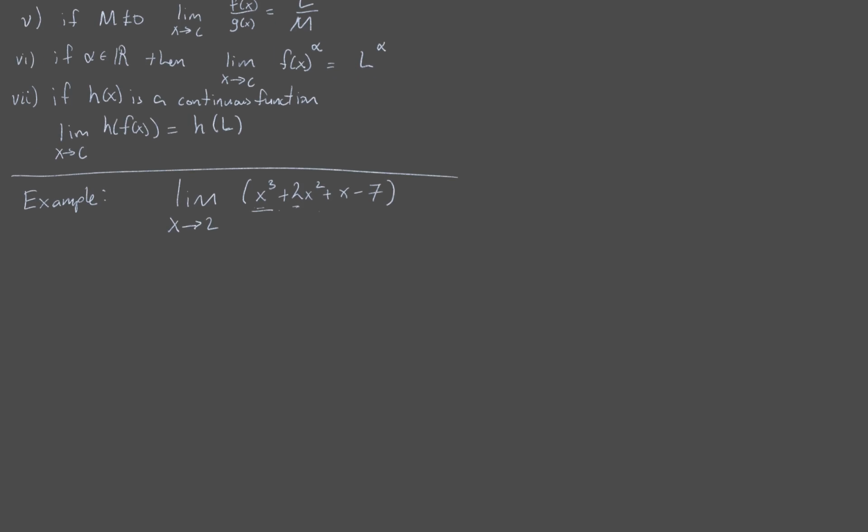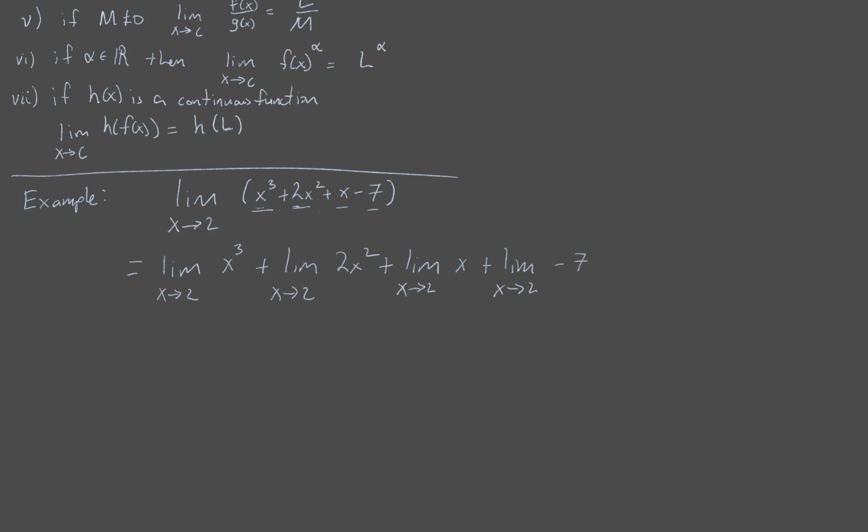But we're going to break this up into 4 bits, and this is going to be equal to the limit as x goes to 2 of x cubed plus the limit as x goes to 2 of 2x squared plus the limit as x goes to 2 of x plus the limit as x goes to 2 of negative 7. Okay, and each of these is really easy to compute.